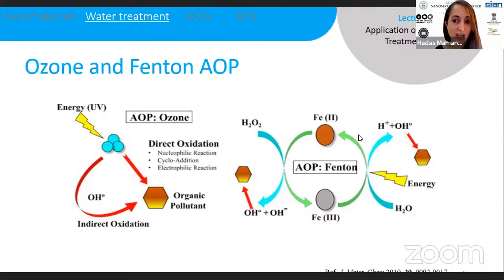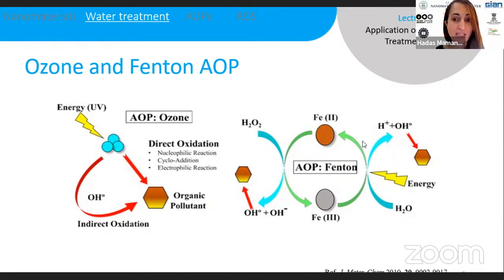We can also have Fenton reactions, where we oxidize Fe2+ with the help of hydrogen peroxide, and generate the hydroxyl radicals. We can recycle back the process using a UV source.